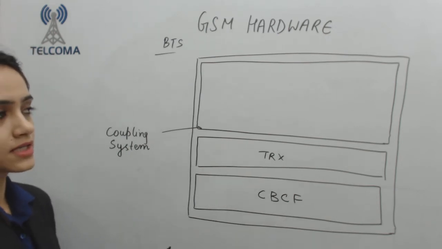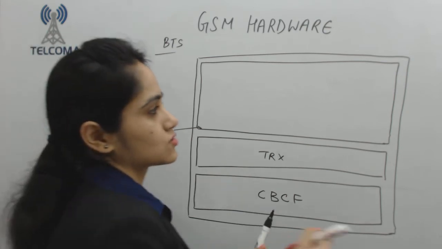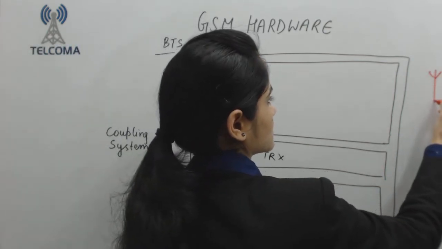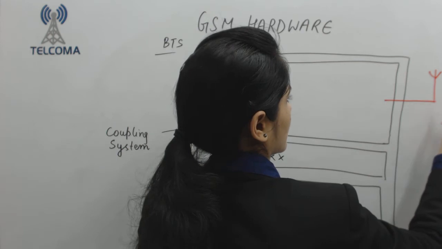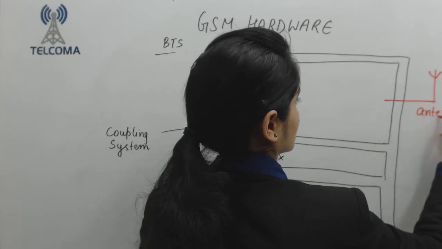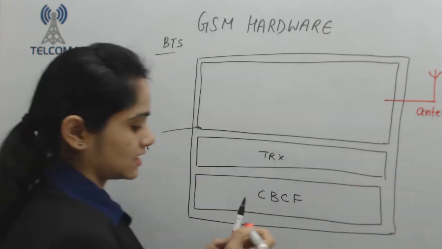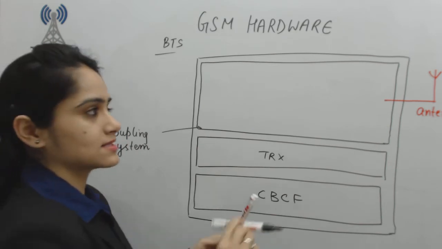Now we require to connect this BTS with the antenna. So here I will draw the antenna. Now this antenna is connected to a duplexer.